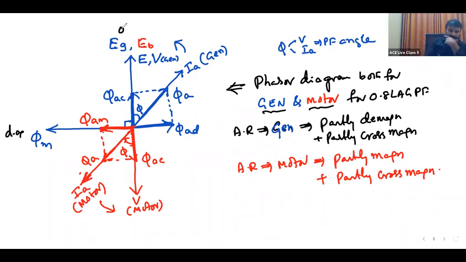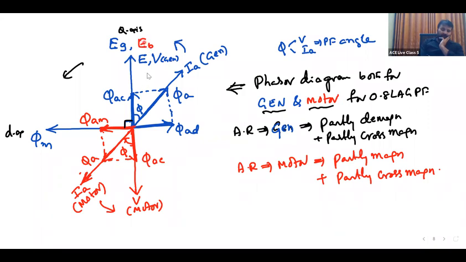Induced EMF is always along the Q axis, whether it is a generator or motor. It lags by 90 degrees. This is fixed. The equations are the same: EG and EB equal 4.44 Kp Kd phi f T. Induced EMF lags the flux by 90 degrees. This is EG, this is EB.